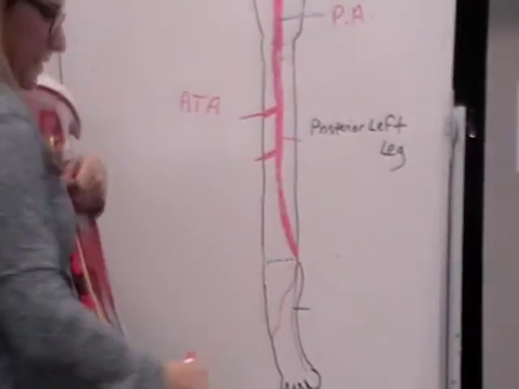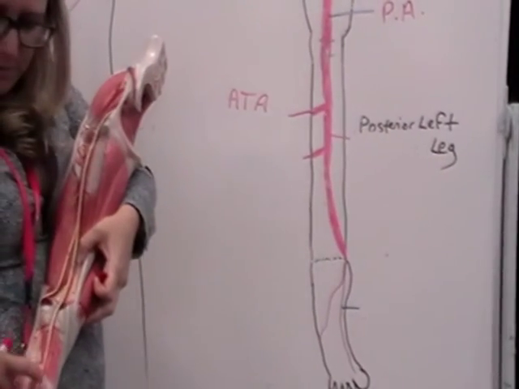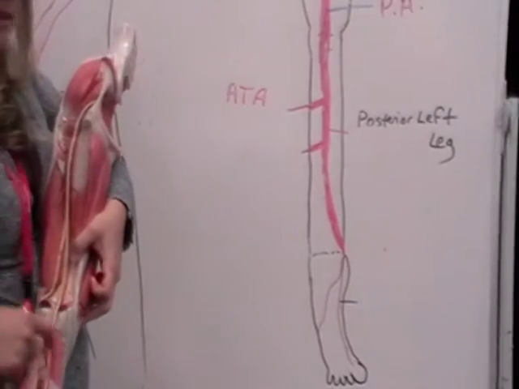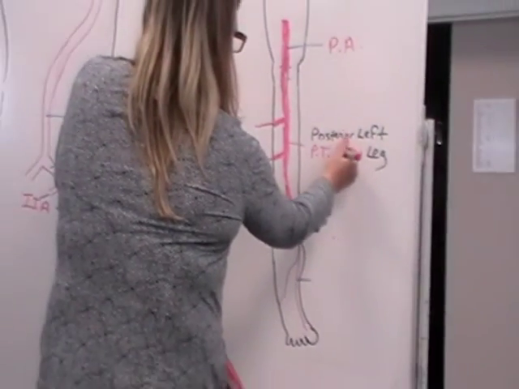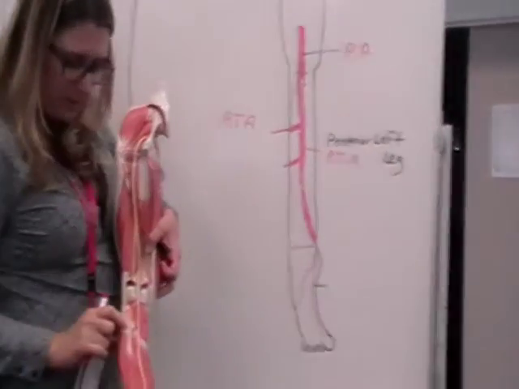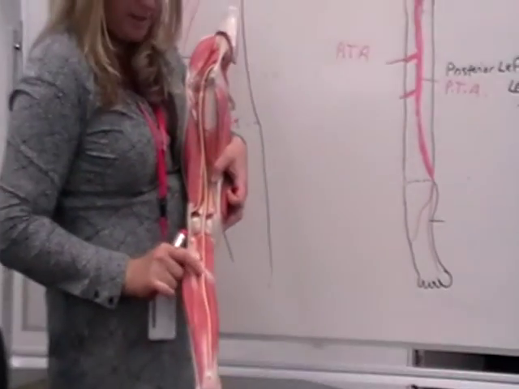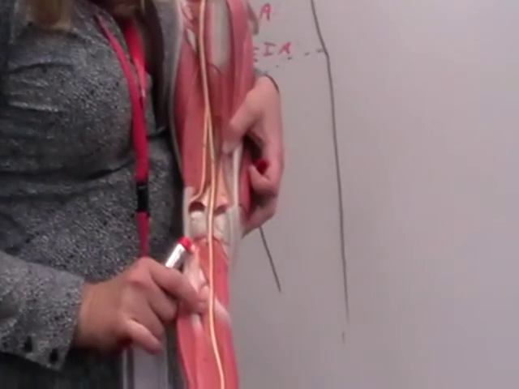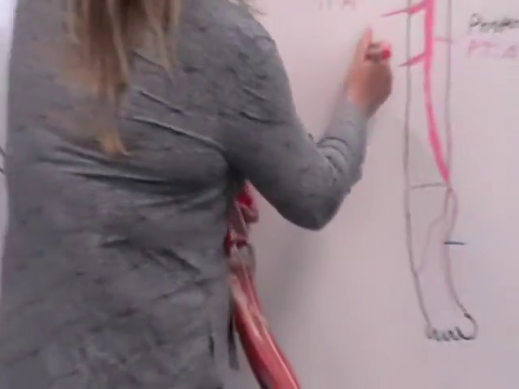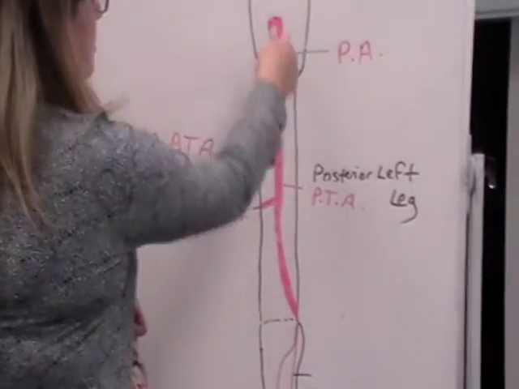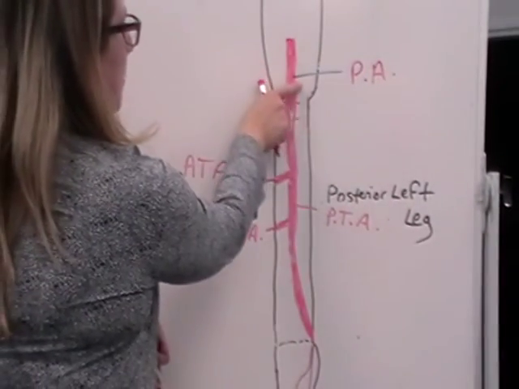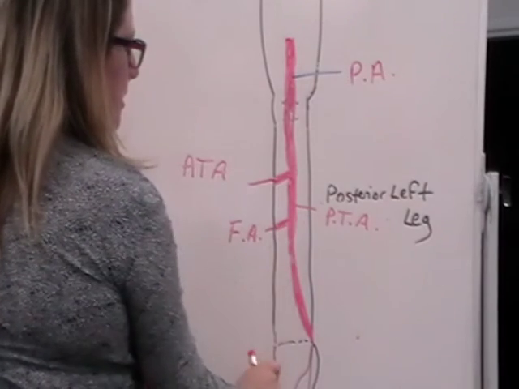And what's the name of the other branch, what just runs straight down the back of your leg? Posterior tibial artery. Excellent. Now we have another branch that comes off the posterior tibial artery. That would be the fibular artery. Excellent. But to answer the question, we're running from the popliteal artery to the posterior tibial artery.